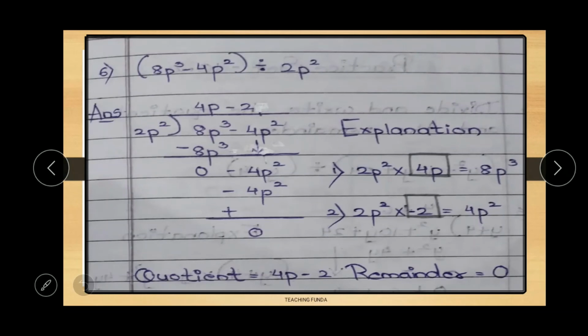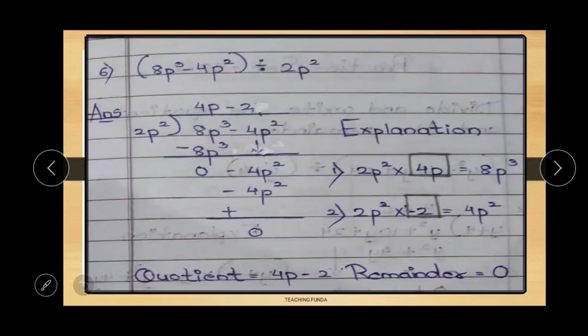Next sum, 8p cube minus 4p square divided by 2p square. Again the same thing, two numbers are there, so two steps are required. Explanation, write down. 2p square into what number will give you 8p cube? Now here 2 into what will give you 8? 2 4s are 8.